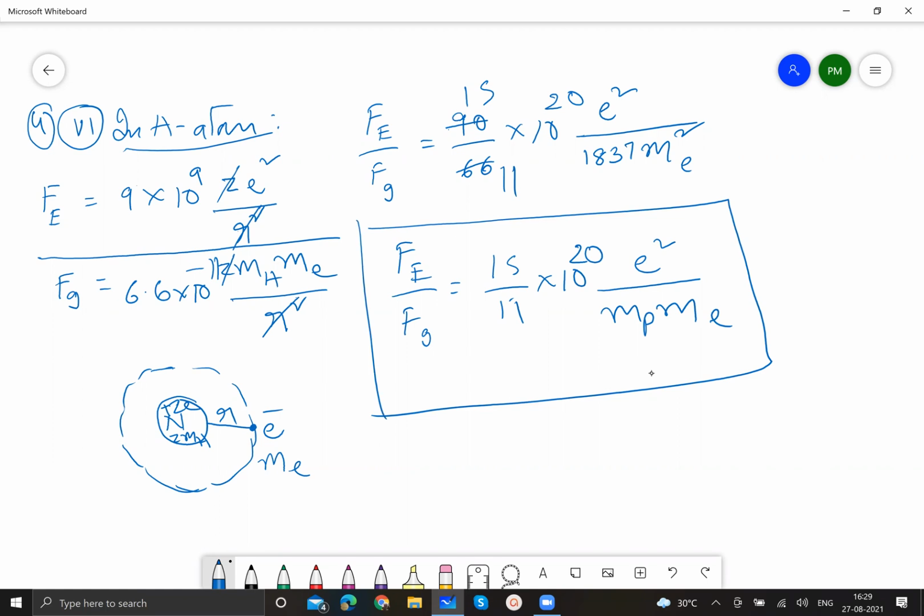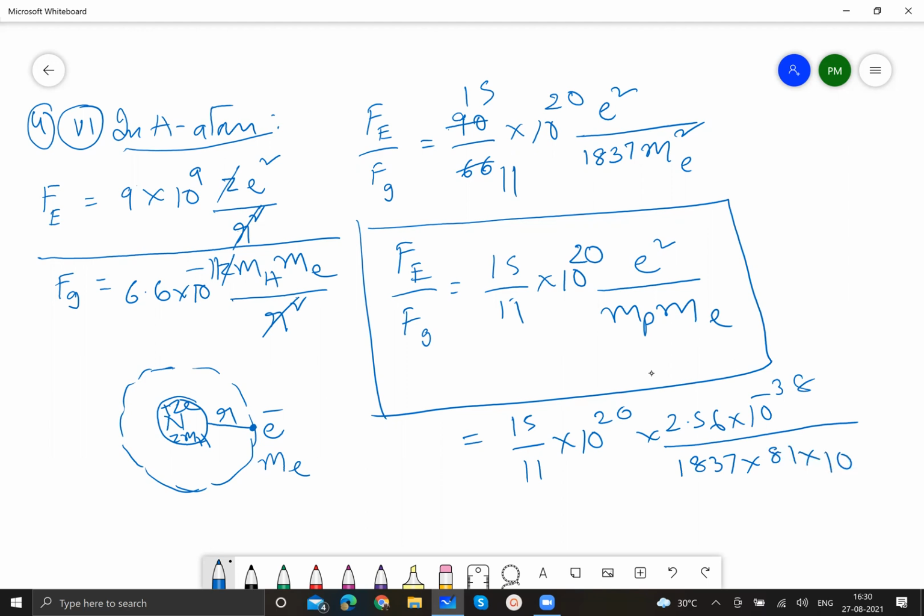So if you substitute the values, 2.56 into 10 to the power of minus 38 by 1837 into 81 into 10 to the power of minus 62. So this is 20 plus 62, 82, so 10 to the power of 44.